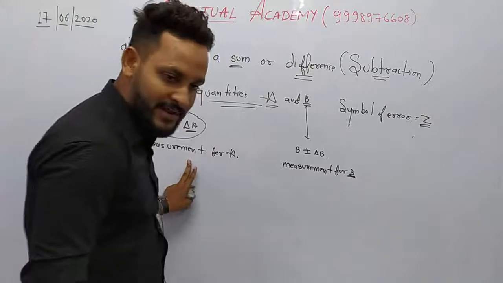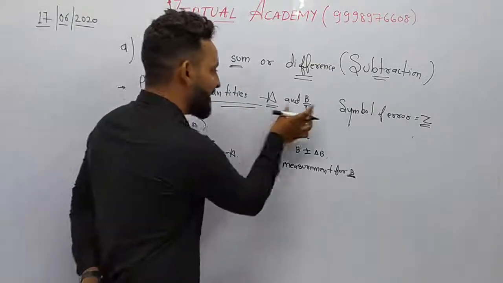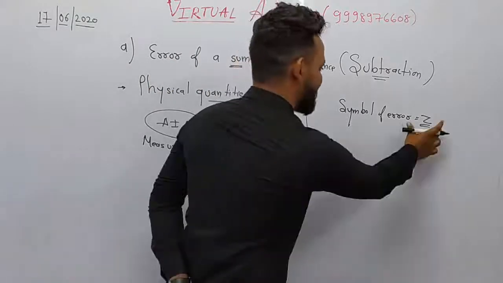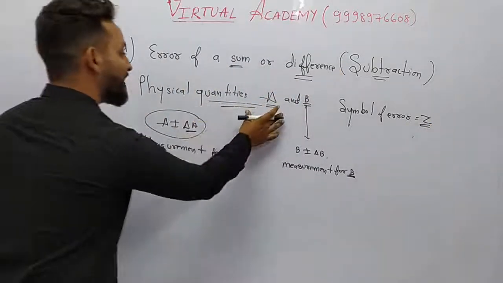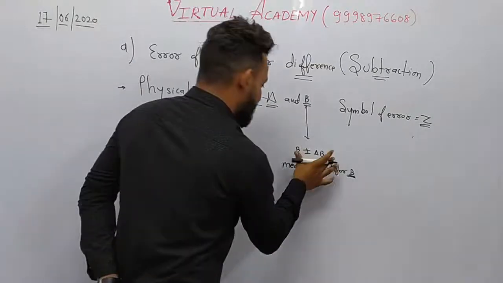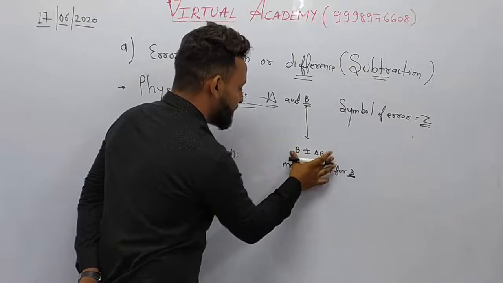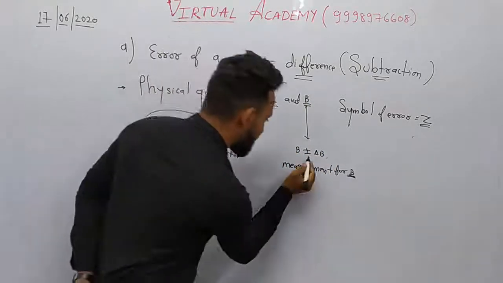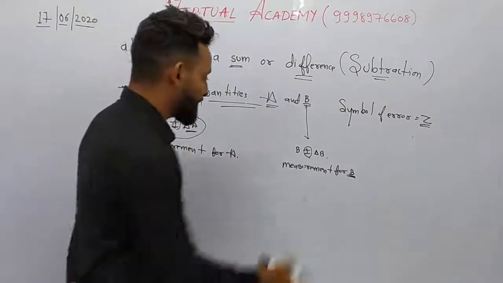Okay? Understand? Now what did I say? We have two physical quantities, A and B. The symbol for the error is denoted by Z, capital Z. Now what is the measurement for A? It is A plus minus delta A. For physical quantity B, the measurement is B plus minus delta B. Now what I am telling is that here plus and minus indicate what?